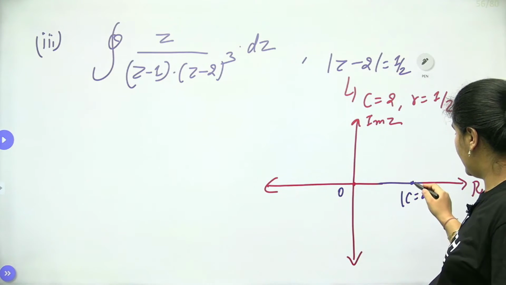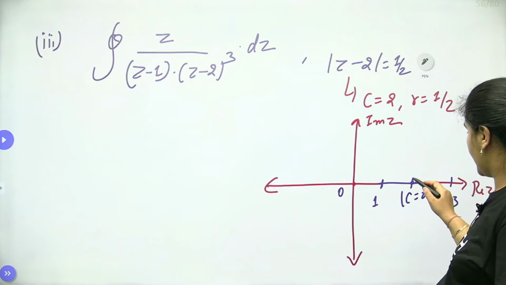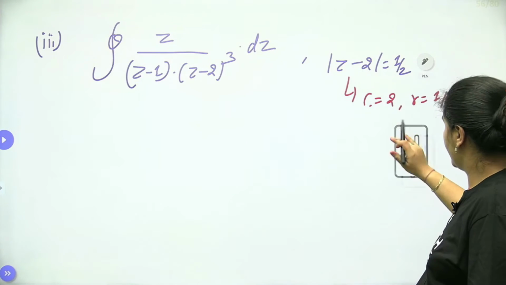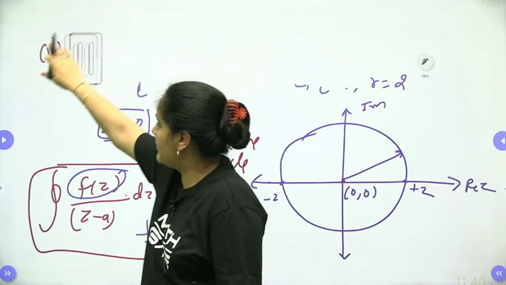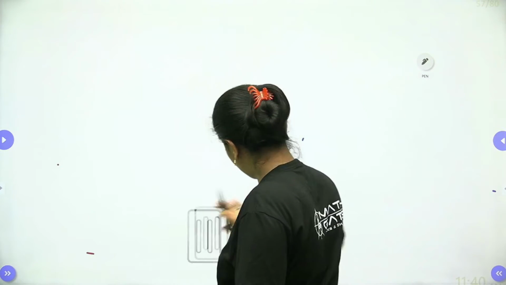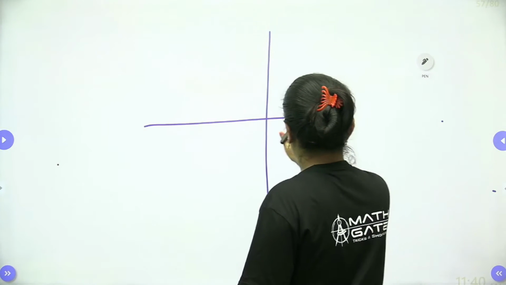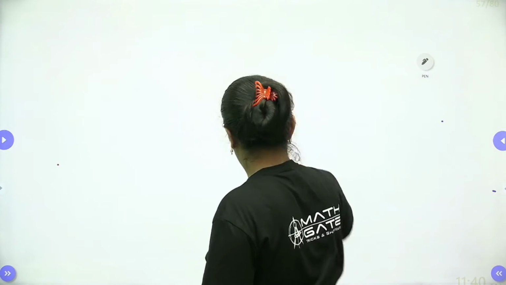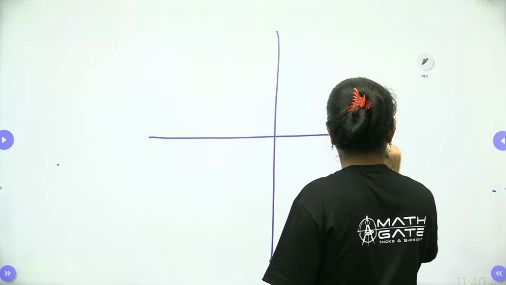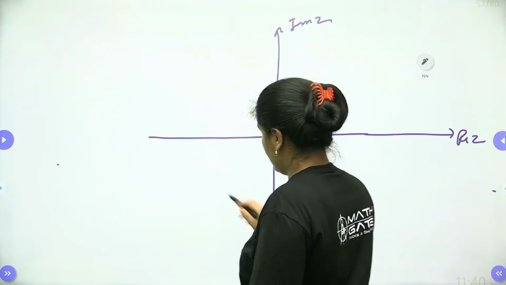So for the circle of radius 1 by 2, suppose it is 1, it is 2, it is 3. Let me have some space because it will be smaller, so let me make the diagram here only. This is the real z, this is the imaginary part of z, right?